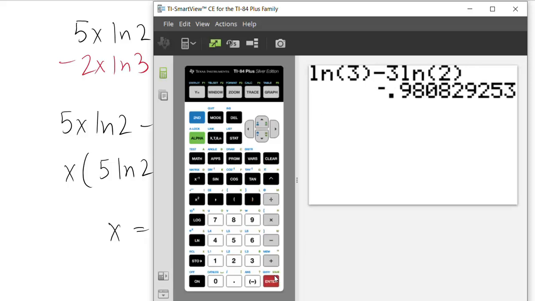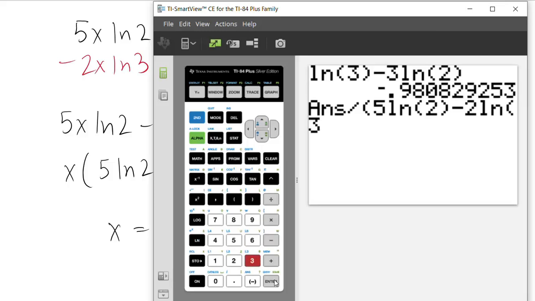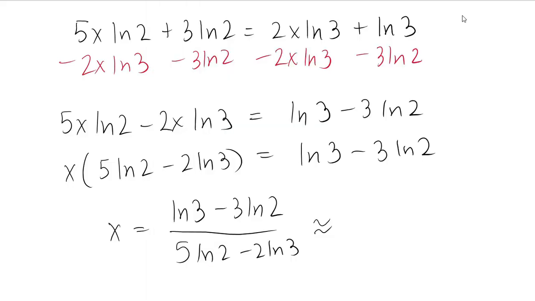I hit enter on that, and I'm going to divide by the entire denominator. So that's 5 times the natural log of 2, close the parentheses on the 2, minus 2 times the natural log of 3. We get about negative 0.77.